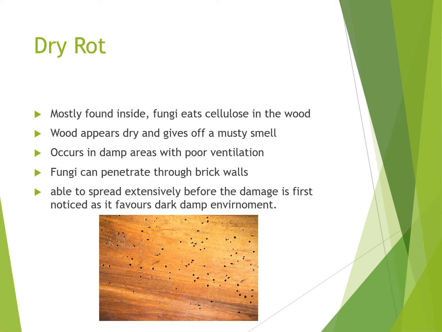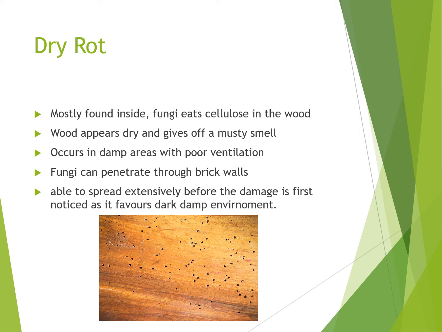Dry rot is mostly found inside. Fungi eat cellulose in the wood. Wood appears dry and gives off a musty, damp smell. It occurs in damp areas with poor ventilation. Fungi can penetrate through brick walls and spread extensively before the damage is first noticed, as it favours a dark, damp environment.